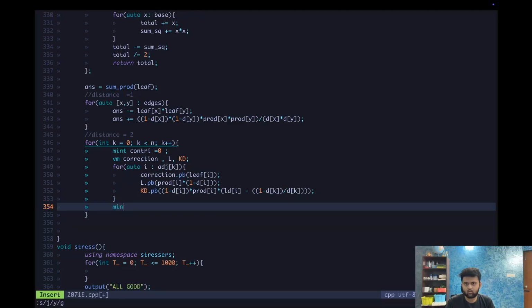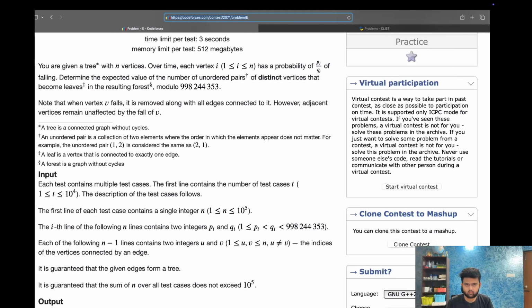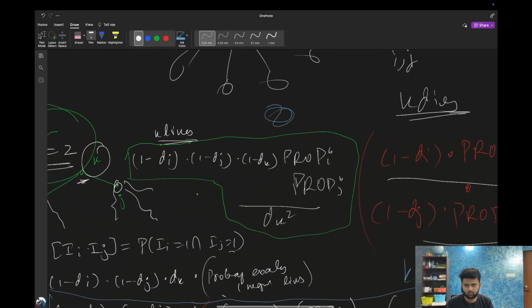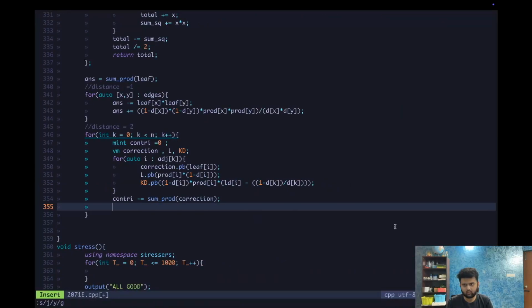Now first we get the correction done. Then we add the alive part, but we haven't accounted for 1 minus dk by dk square, so we'll multiply that at the end.